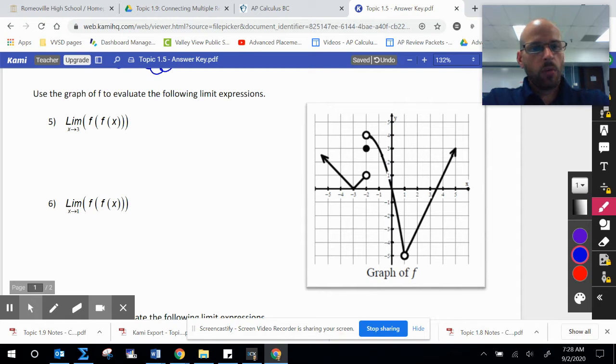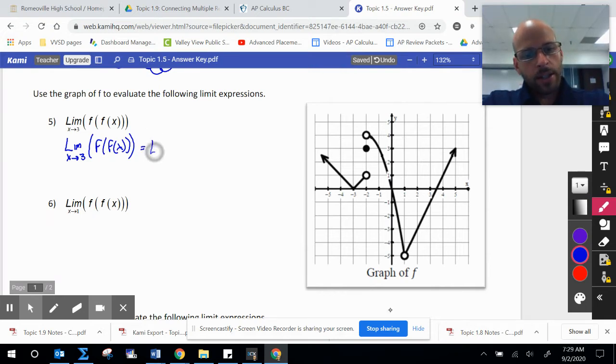So we're going to do this one by one. I'm going to do the limit as x approaches 3 of f of x, which is going to be the same thing as the limit as x approaches, now as I go to 3, from the left and from the right, I'm going to the value of negative 1 of now just f of x.